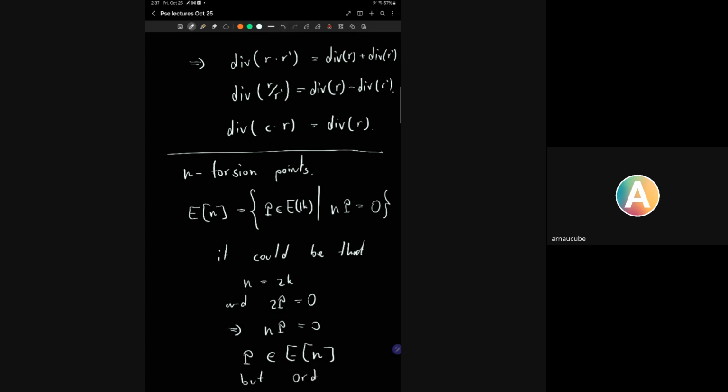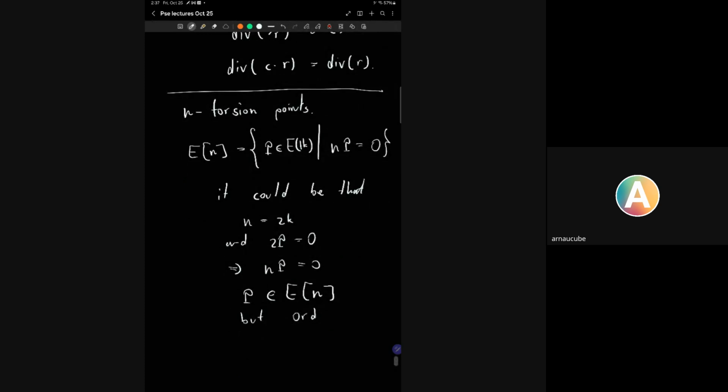The order of P in the group E of k is going to be 2. So it's like a generalization of order. It's all the points that get nullified by multiplication by n.